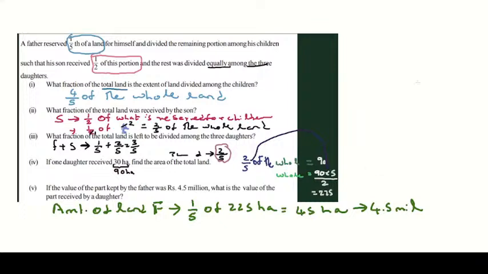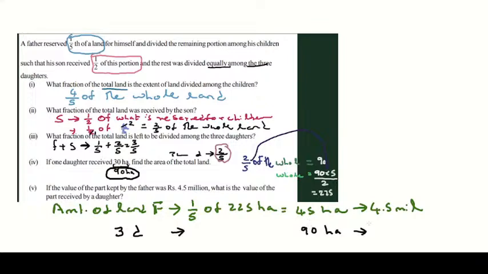Then what is the value of the land all three daughters got? We found out three daughters got 90 hectares. Now it's quite easy here because 90 is double of 45.